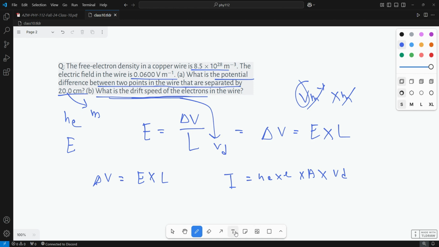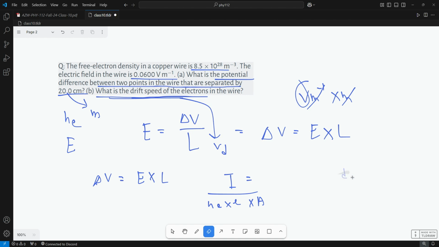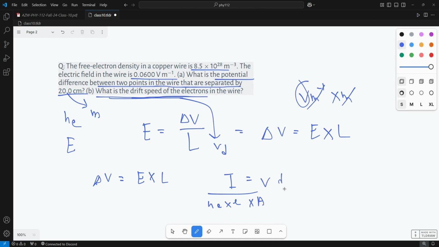We have to keep Vd on one side and move the rest to the other side, and we'll find the value of Vd. We have the value of Ne. We know the value of e, which is minus 1.6 into the power minus 19.